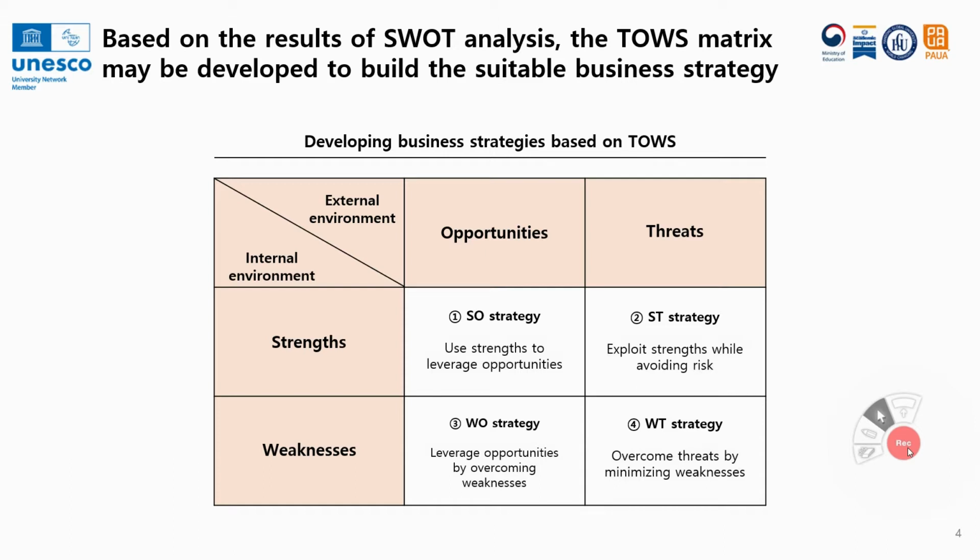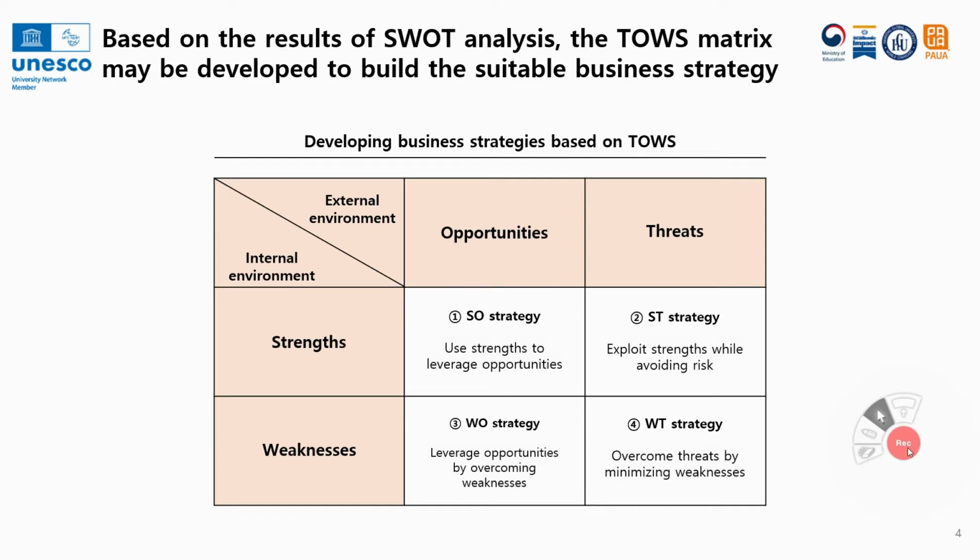It's the same as the SO strategy in terms of leveraging our internal strengths. But in SO strategy, we try to capture the opportunities, whereas in the ST strategy, we try to avoid the threats. That's the difference between SO and ST strategy. But leveraging the strengths of our internal factors is the same in both.